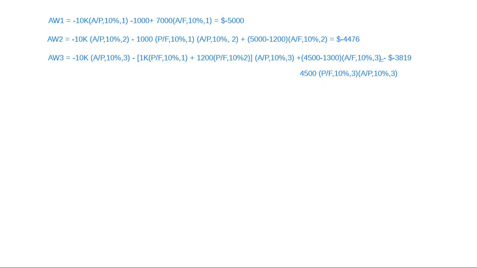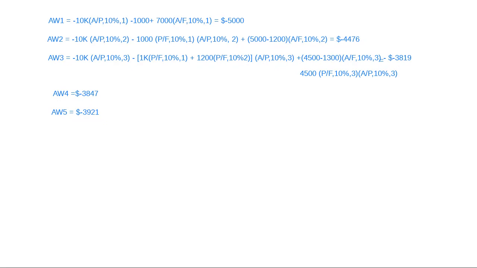So the annual worth for year 4 equals minus 3,470, 3,847, and the annual worth for year 5 equals 3,921.